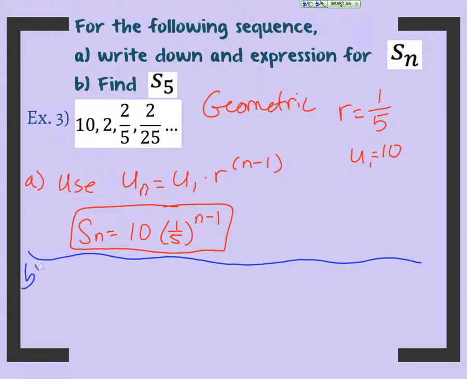So then, just like before, we have to find the 5th term and then add them all up. So once again, I don't care if you take it the easy way and you times 2/25 by 1/5, you can do that. Or I'm going to practice with the formula, like I said, just to get some practice. So plugging 5 in the n spot, I have 1/5 to the 4th power.